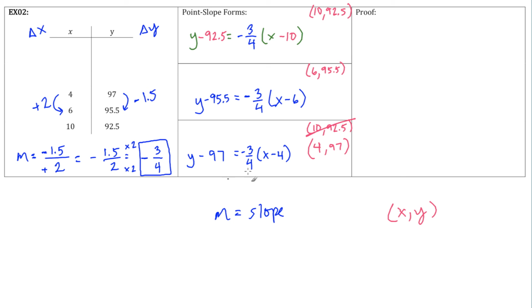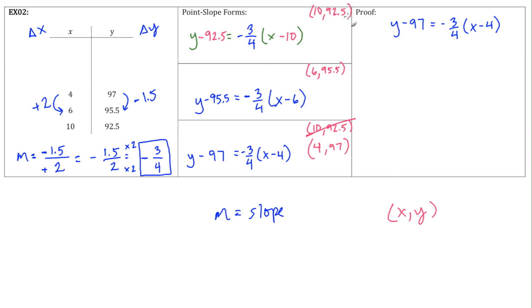Okay, I like this one. It has no decimals. So I'm going to write this in. So y minus 97 equals negative 3 over 4 times x minus 4. Okay. And I'm going to choose one of these others.